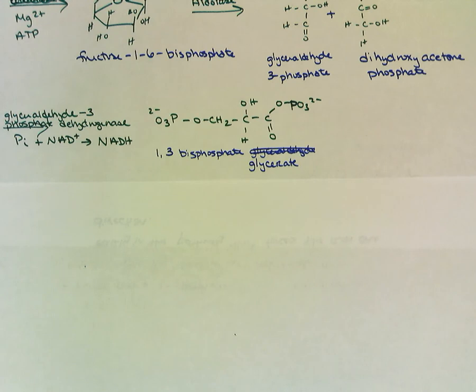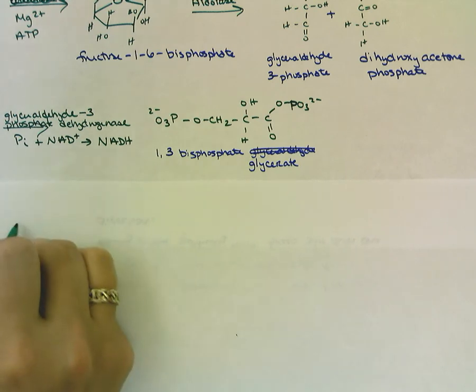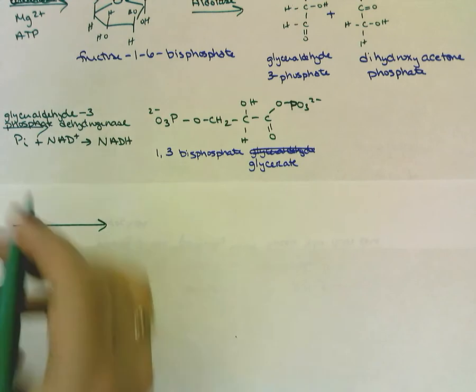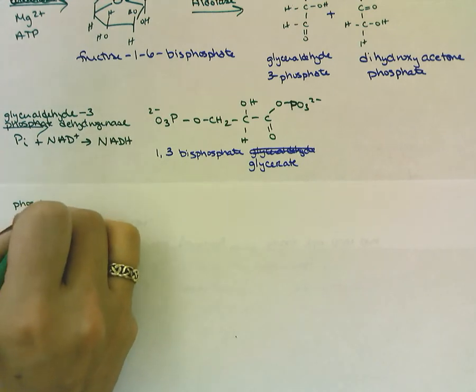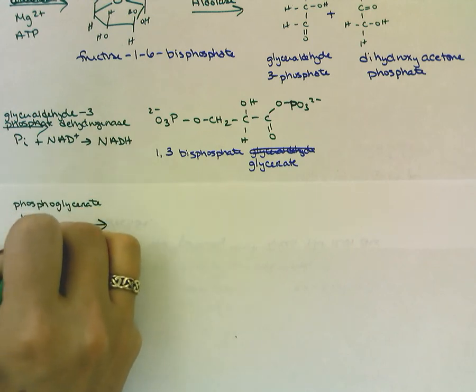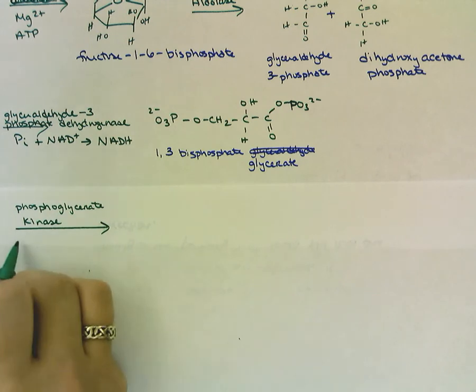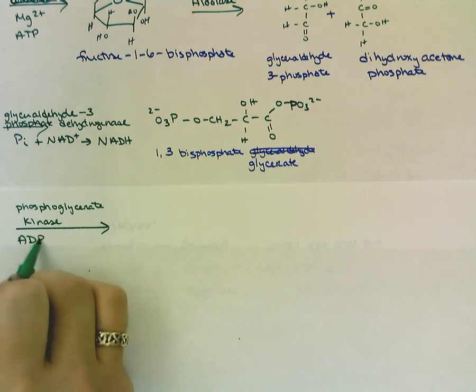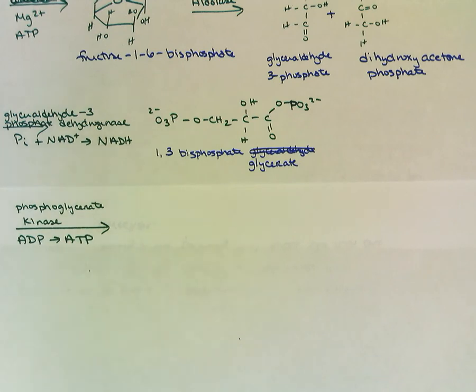All right, so now our 1,3-bisphosphate glycerate is going to interact with phosphoglycerate kinase. And now we start getting an ATP back out. Just like we've done all these kinases before, these kinases can either give or take off a phosphate group.